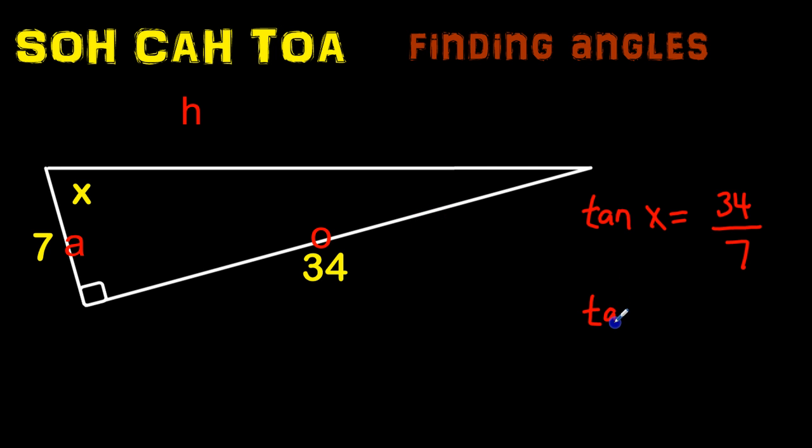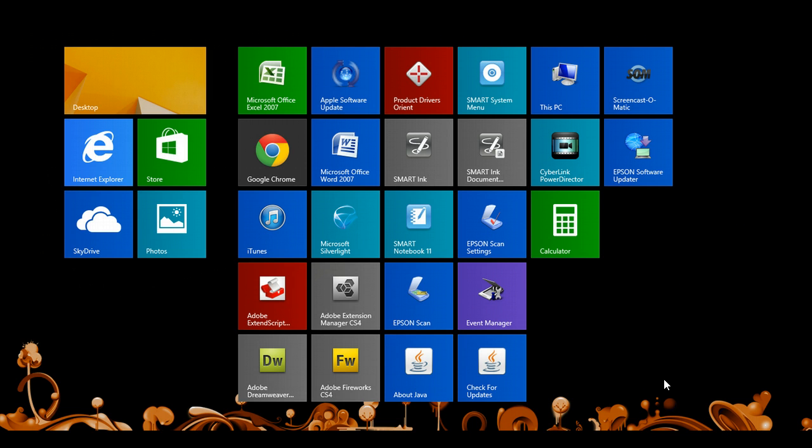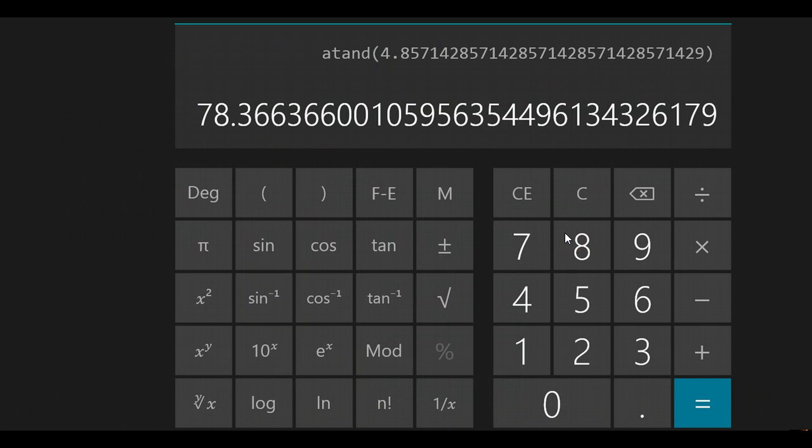So to finish writing this out, what we did was we did the inverse tangent of 34/7, and that found our angle x. And then angle x we found to be, let's just double check again there, 78.37.